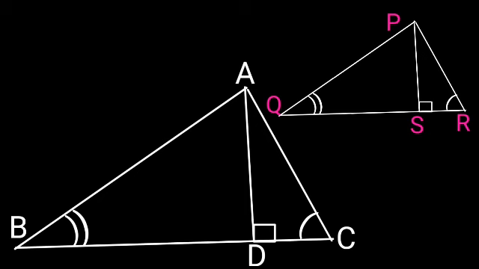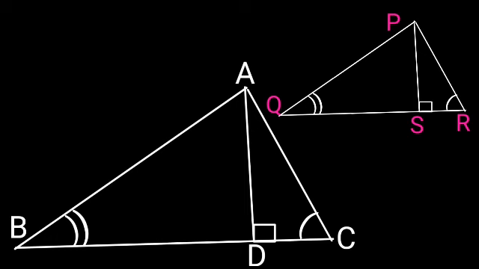For the proof of this theorem, we have taken two similar triangles. First, triangle ABC and second, triangle PQR. Triangle ABC is similar to triangle PQR, as given. If two triangles are similar, then their corresponding angles are congruent.